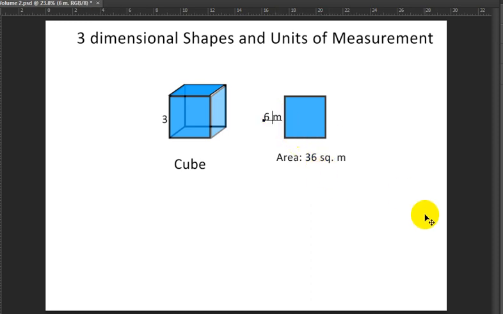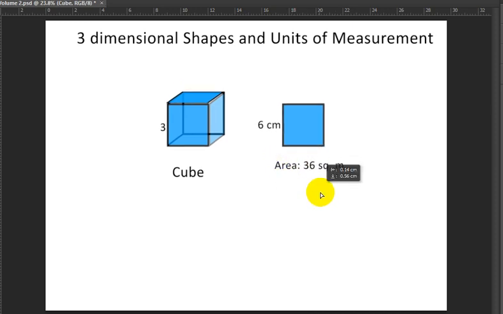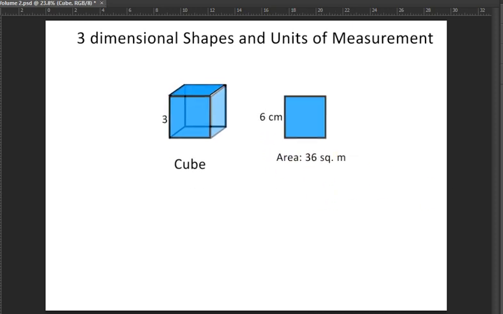And what if I give you centimeters? What if I tell you that it's in centimeters? Well, then you'd have to do 6 times 6, which would again give you 36. This time, because the side was given to you in centimeters, it would be 36 square centimeters.